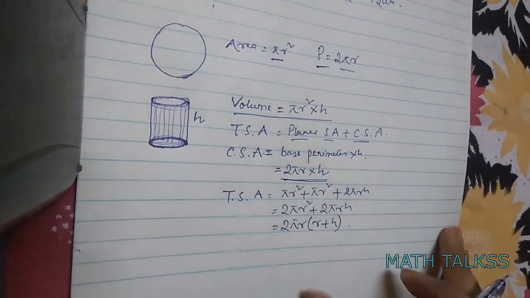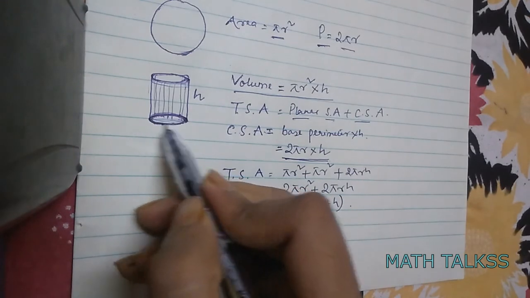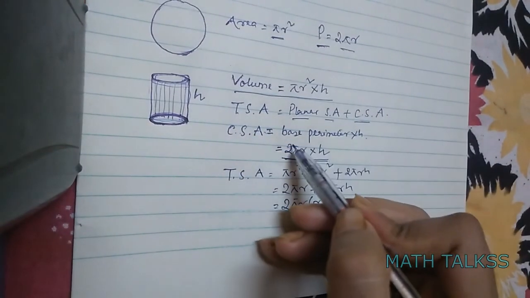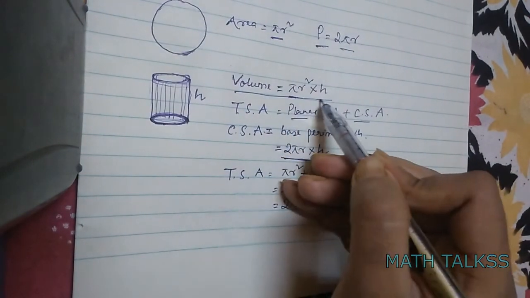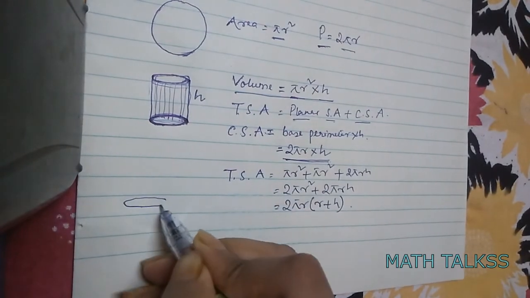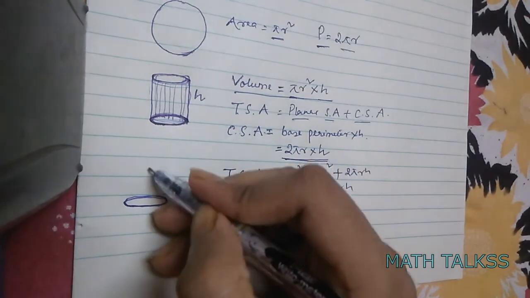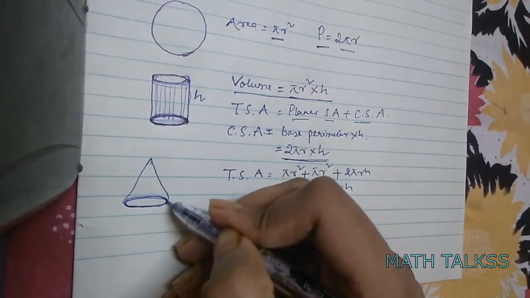Now remember that this cylinder has perpendicular height, and so we can write volume as base area multiplied by height. But remember that a cone also has the base area as a circle, but it does not have the perpendicular height.